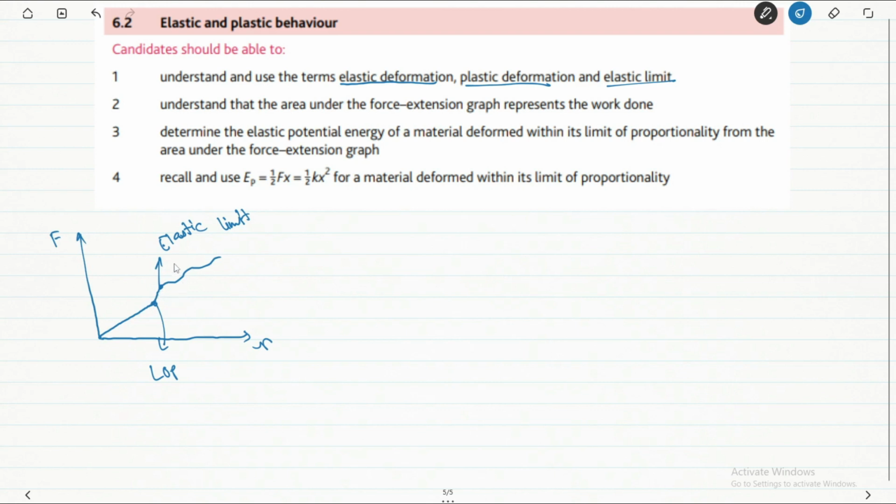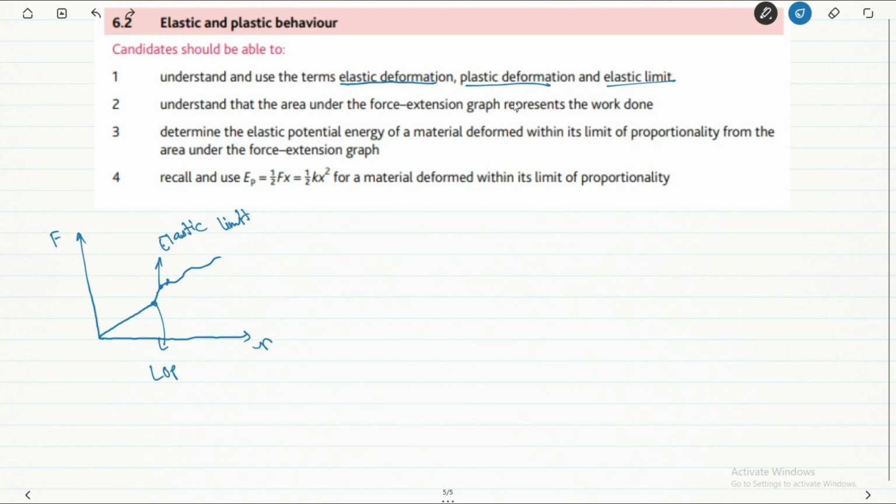So that's what elastic limit tells us, right? That whether or not the object is going to go back to its original place. So if you apply a force, for example, this amount of force, the object will break down. But if you apply this amount of force, the object will not break down, right? So this is the simple concept of elastic limit.